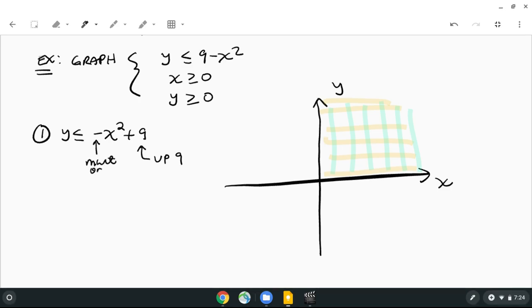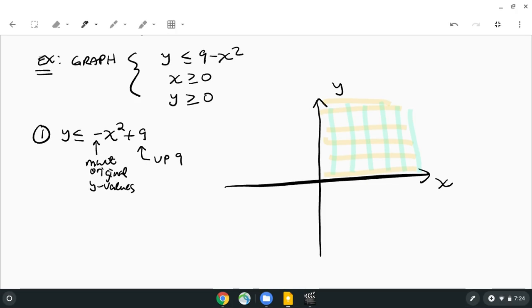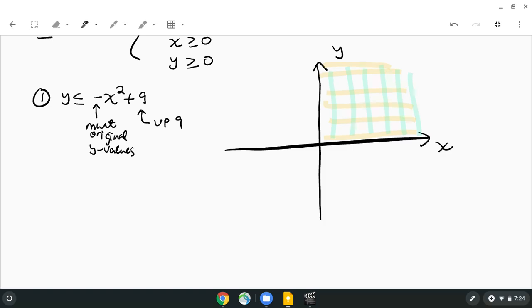Multiply the original y values by -1. So let's go ahead and do that.